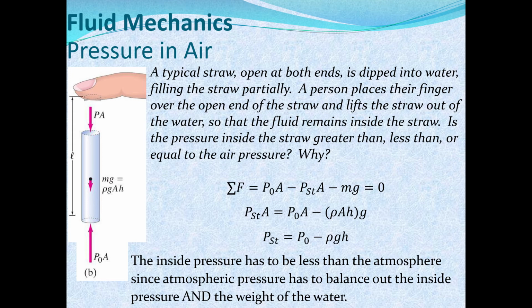So the volume of air expanded a bit, which means that the pressure ended up decreasing. This is something we're going to talk about when we get to the thermo section, that there's an inverse relationship between pressure and volume. So when the column of water inside the straw shifts down a bit and increases that volume, it decreases the pressure. That's what's allowing for the water to actually be taken out.